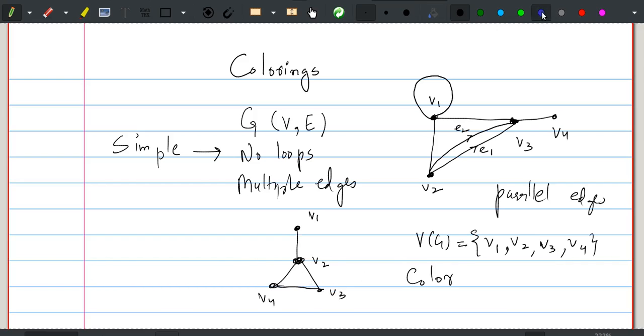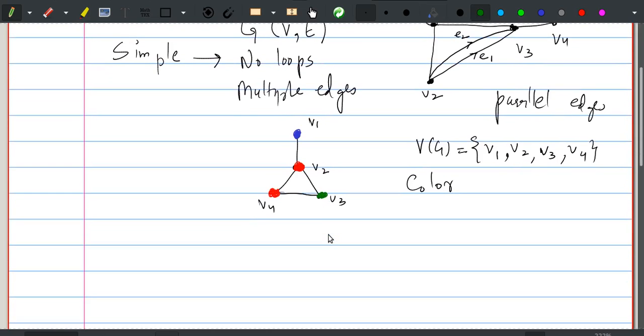So let us take this color over here and let us color this vertex with blue color, and let us color this vertex with say magenta color, and V4 will also color with the same color, and let us color this vertex V3 with green color.